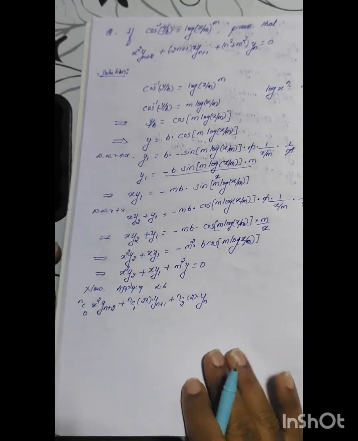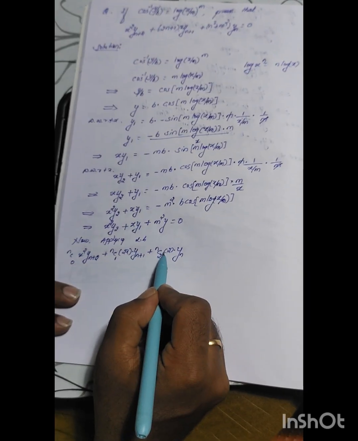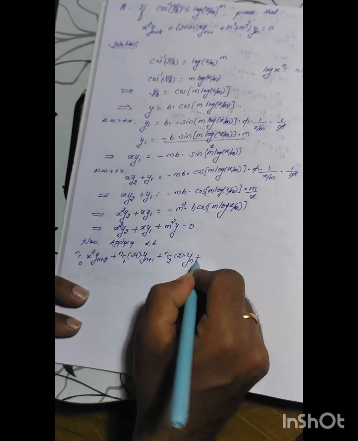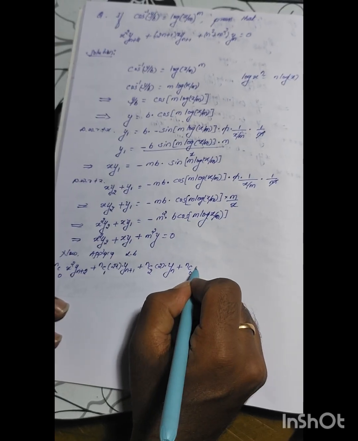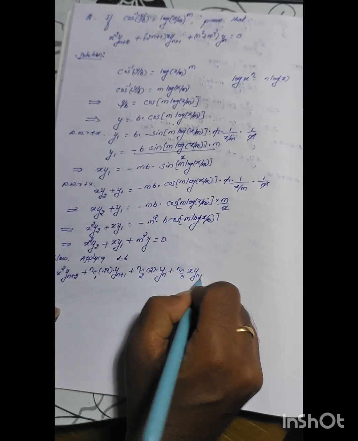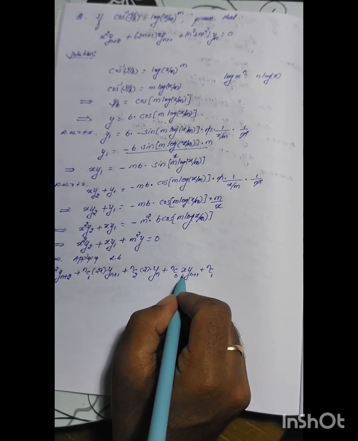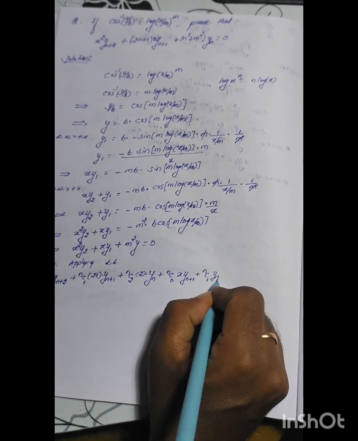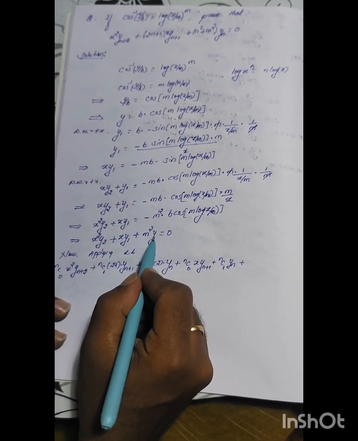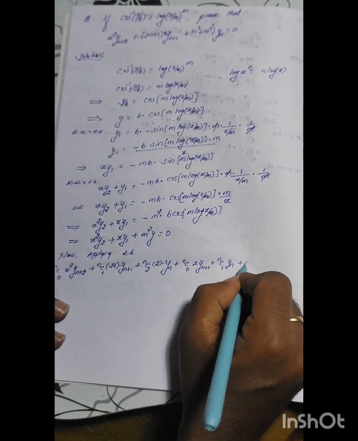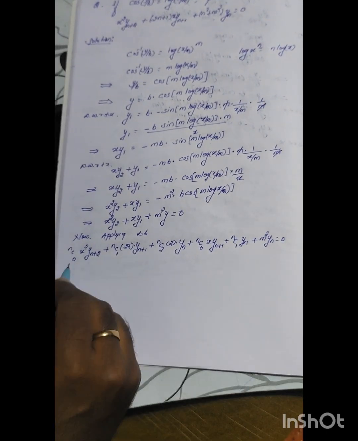So the first nth derivative using the Leibniz rule for the first time is completed because the constant term already came. So plus, for the second term we will apply the same thing, so that will become nc0 first function into yn plus 1 plus nc1 derivative of x is 1, so that is 1 into yn, again we can stop here, plus m square is constant and the derivative of y is yn, so that will become m square yn will be equal to 0.